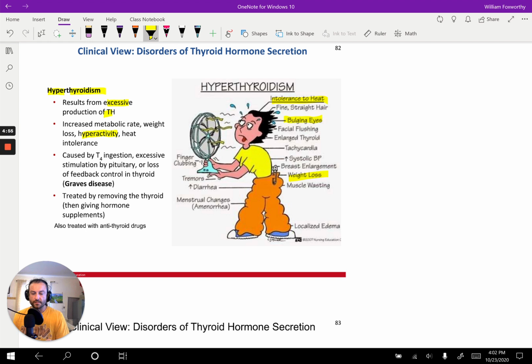This can be caused by ingestion of exogenous thyroid hormones, or some people abuse thyroid hormone, like if they're trying to lose weight, or by a loss of feedback control in your thyroid.